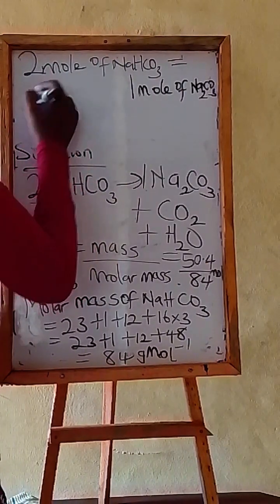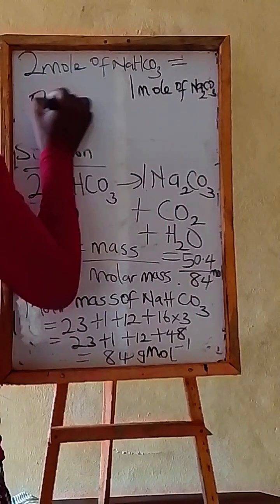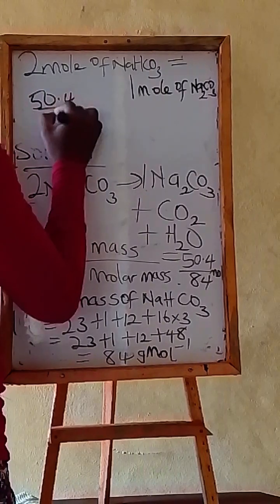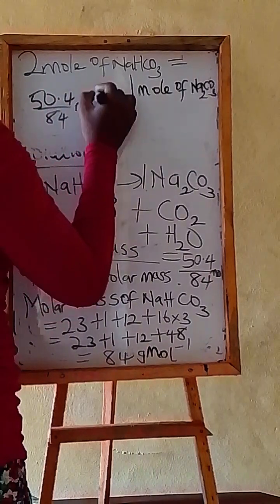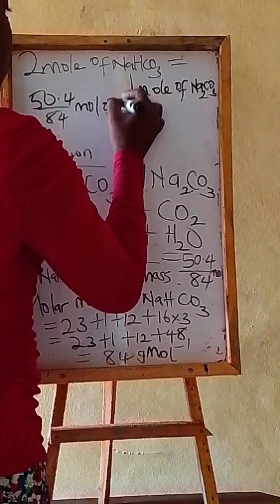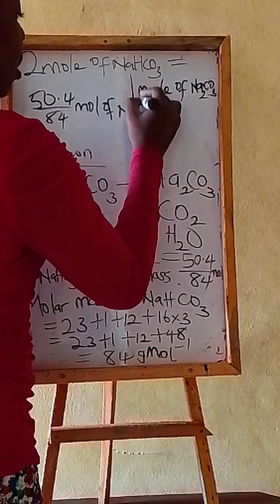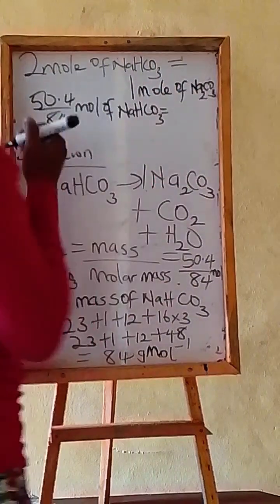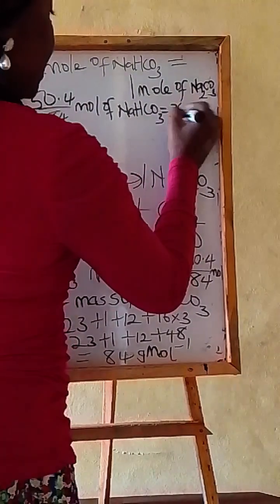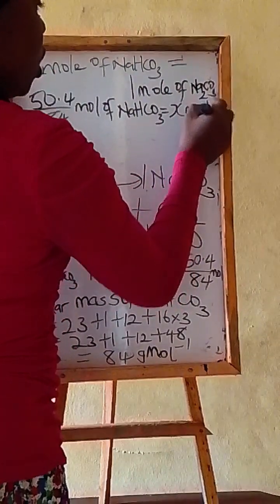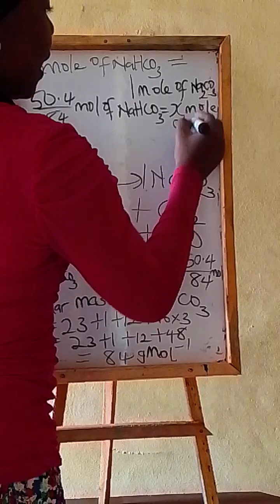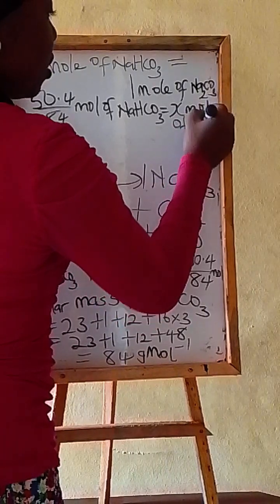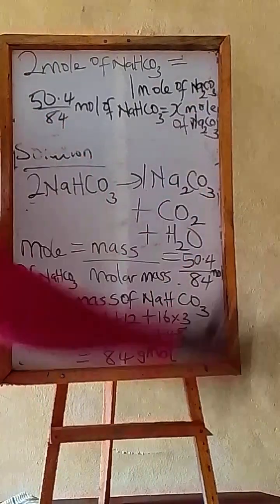The next one is 50.4 over 84 moles of NaHCO3, equals x moles of Na2CO3.